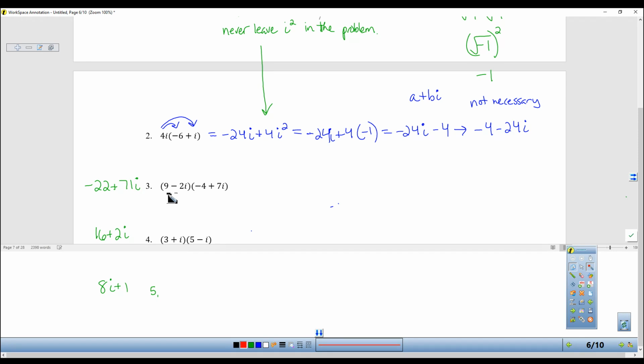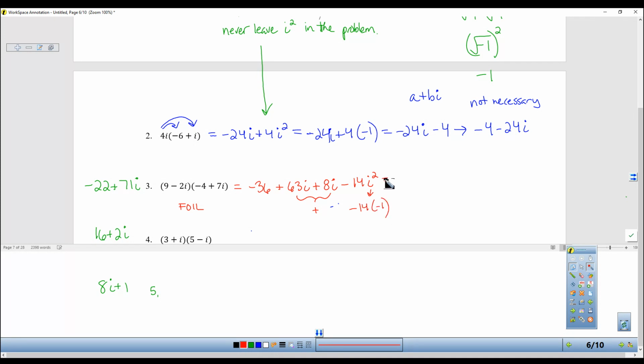So this first one, I'm going to FOIL, first, outer, inner, and last. There used to only be one thing that you had to do next, which was to add these together, but now you also have to change this to a -1.